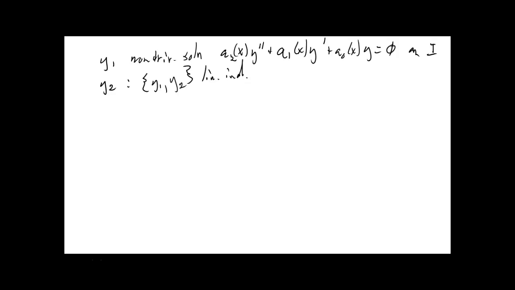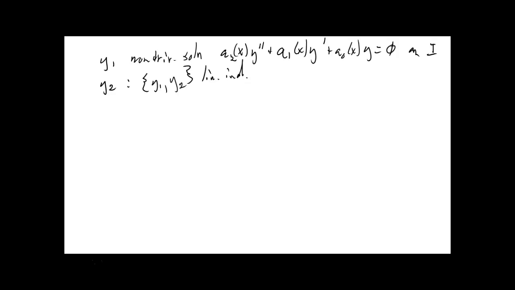Recall from 4.1, that long section we just did, that if y1 and y2 are linearly independent, then their quotient, y2 over y1, or their ratio, is non-constant on I. In other words, you don't have it to the same power or anything else that when you divide it out, it becomes a constant.